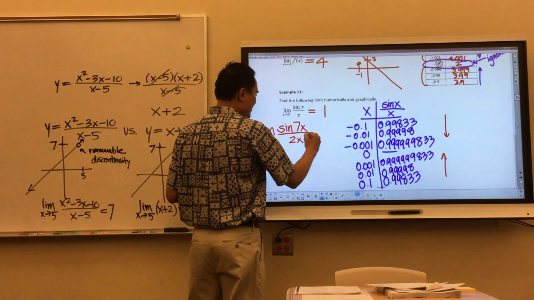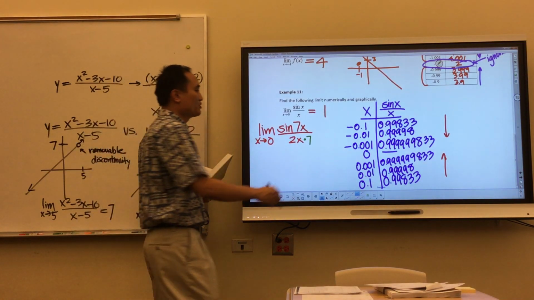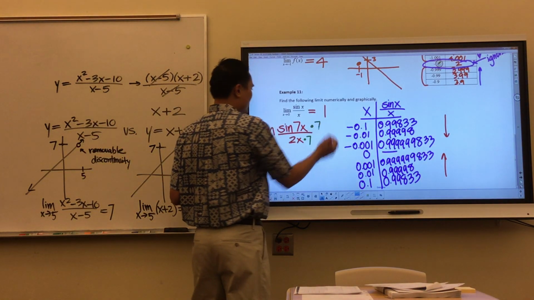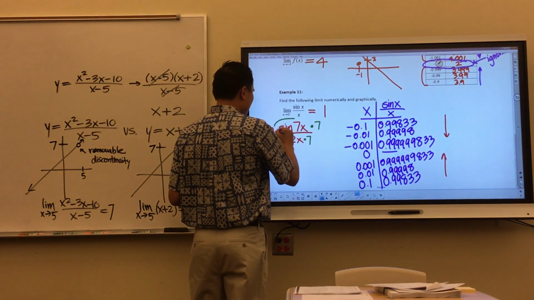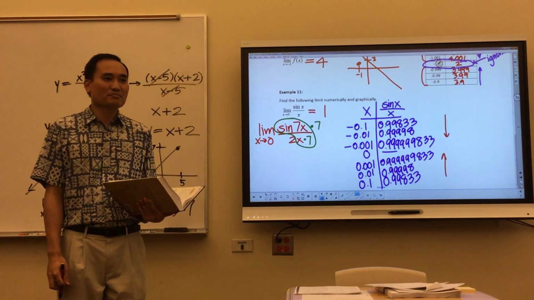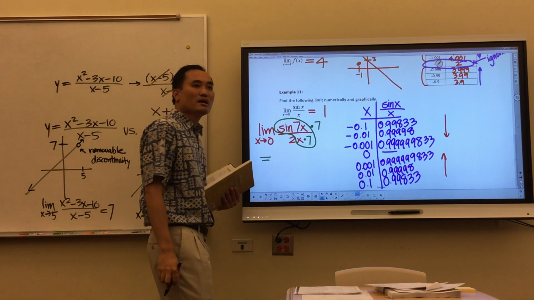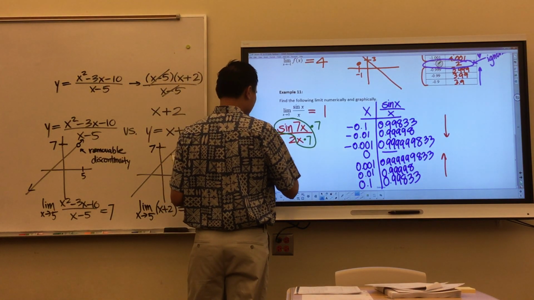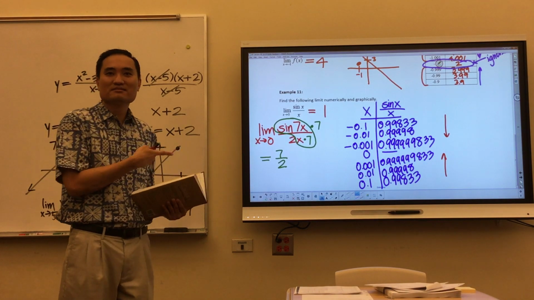So I need to put a 7 on the bottom. Can I just do that? Yeah, as long as I put a 7 at the top, then everything is balanced. Okay? Then you draw your lima bean. And that lima bean approaches 1. So then you have 7 over 2. Doesn't that look like a lima bean? It does.